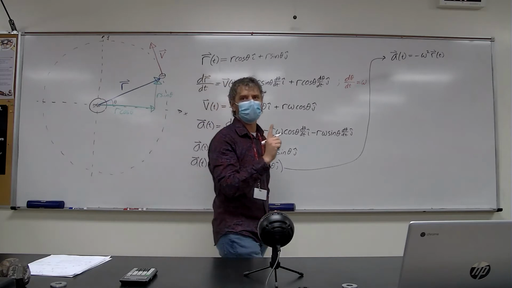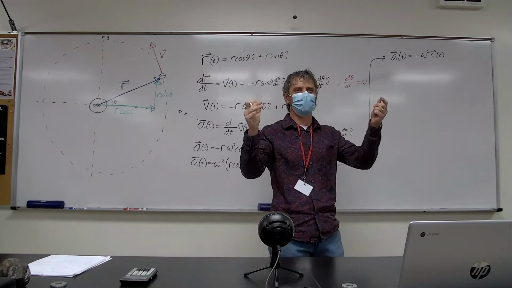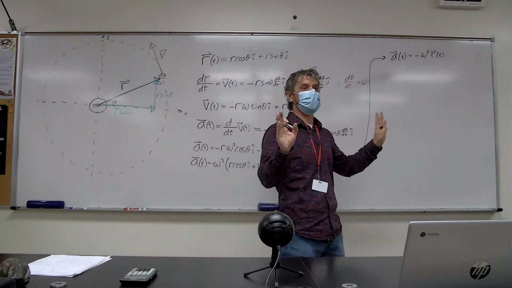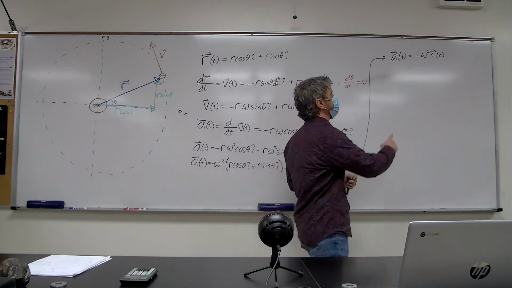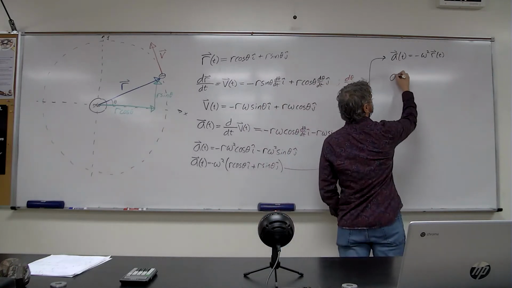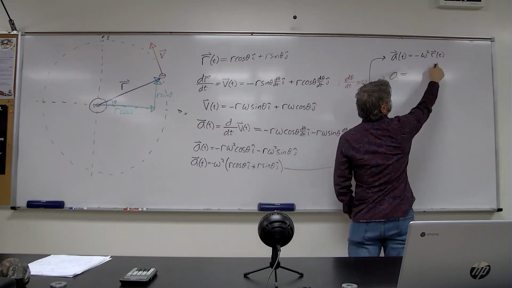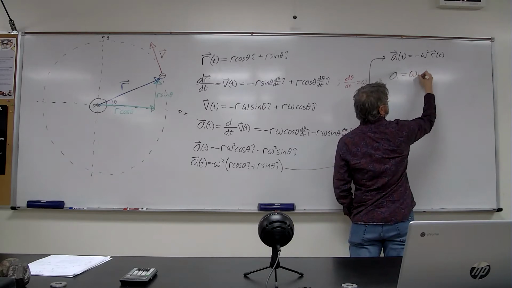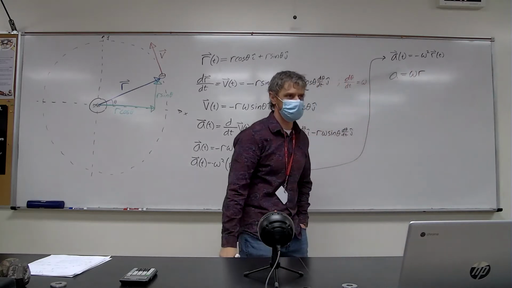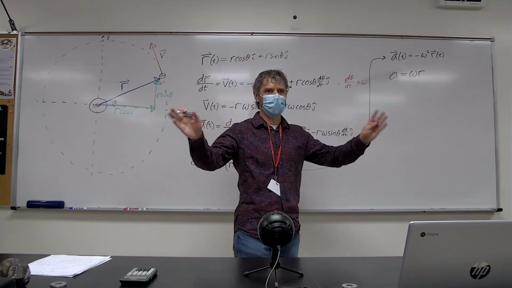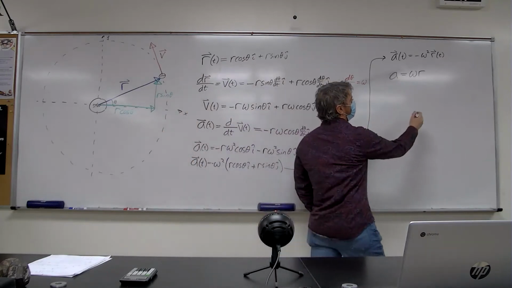Let's just talk about the magnitudes of these now. At an instant in time, the magnitude of the acceleration is the magnitude of omega squared times the position. It's just omega squared times r, if I'm just talking about the magnitudes here.